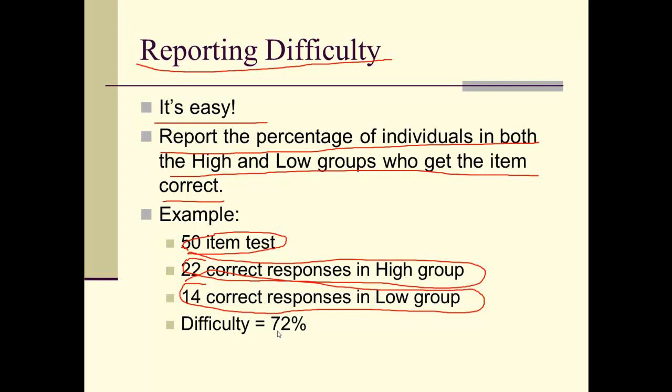The difficulty, if we add the two together, that would work out to be what? 36. And it's a 50 item test. That would be equal to 72%. That would be 0.72. Then we just multiply by 100. All right, so what? Is that good, bad, indifferent? Well, let's see.